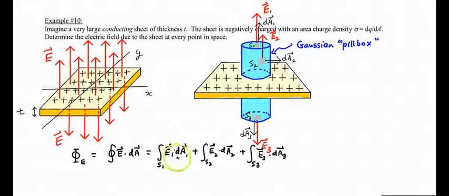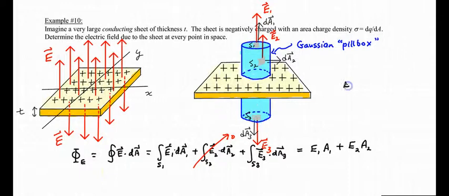And out of these three surface integrals, you'll see that on the S2 surface, the electric field is perpendicular to the area vector, so there will be no field lines from E2 that are penetrating the surface. So this integral goes to 0. So we get E1 times A1 plus E3 times A3.